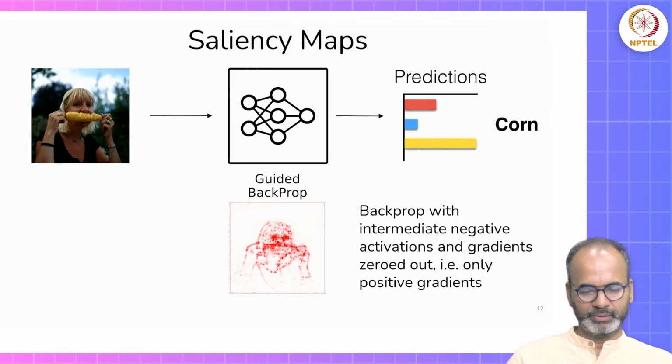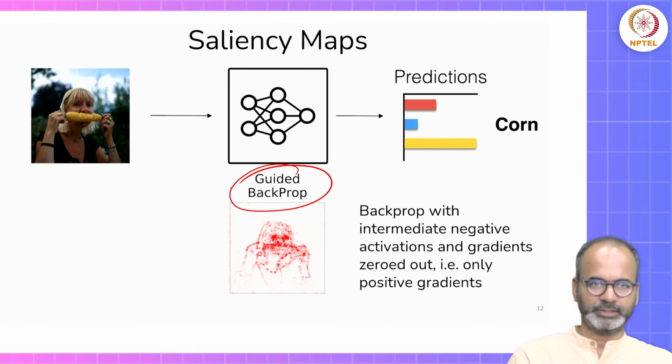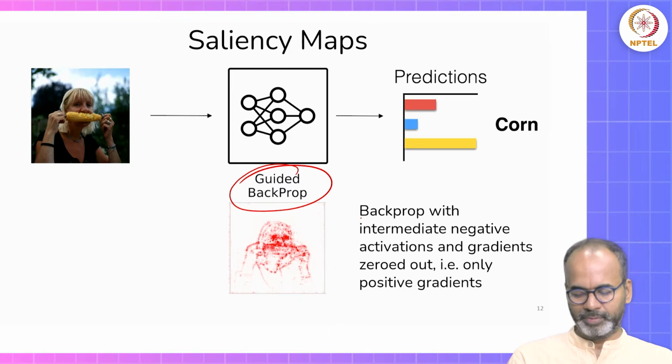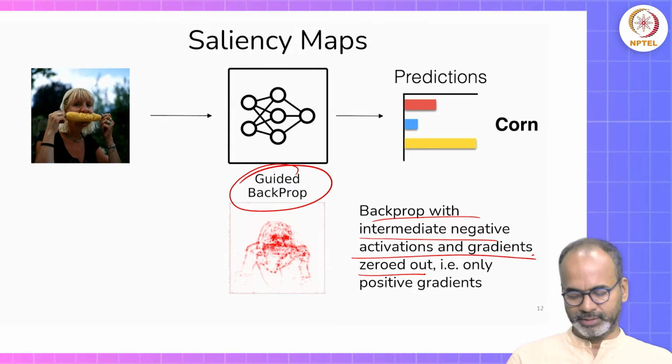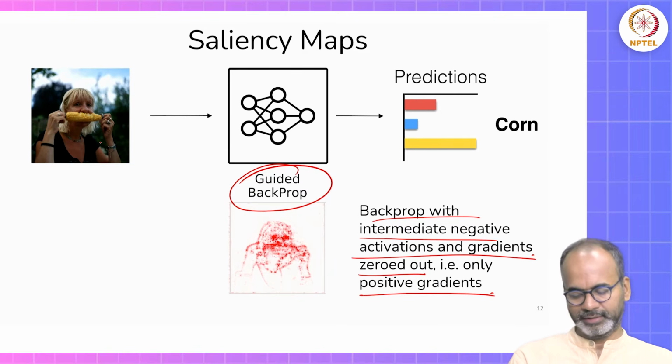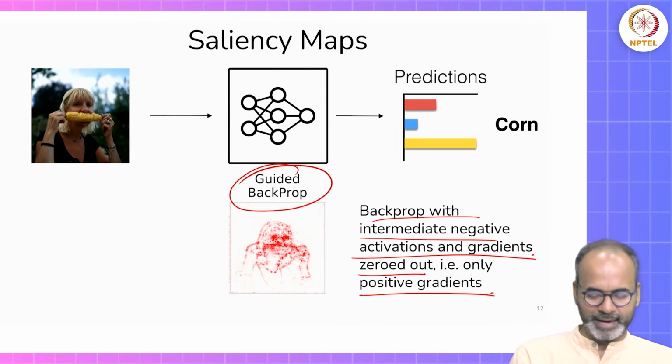And now let's look at another method, which is called guided backpropagation. Backpropagation we already know. Here, backpropagation is done, and negative activations and gradients are zeroed out, so only the positive gradient is kept. Those that are not positive are removed, and that's the only part that is shown here.